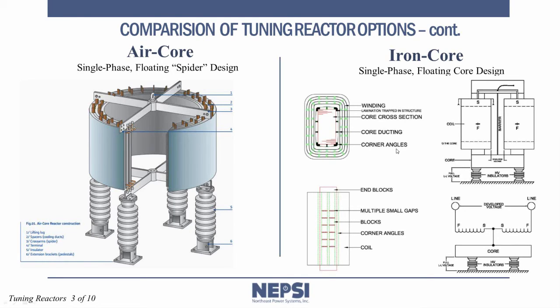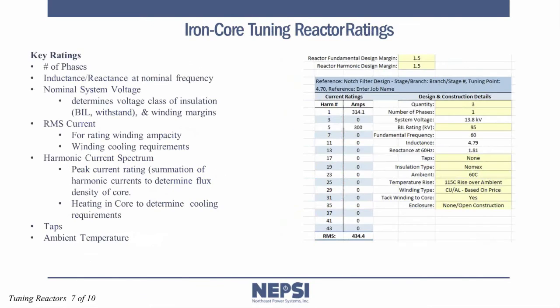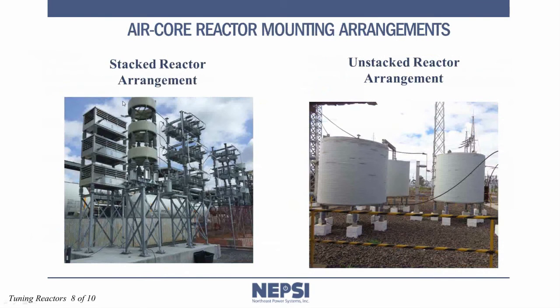At the medium voltage level, it's very typical that the reactors are single phase, but there are occasions when the reactors will be 3-phase, especially the smaller filter banks that might be on the order of 1 or 2 megavars. So here I show a picture of a typical stacked reactor arrangement. This is an air core filter bank.